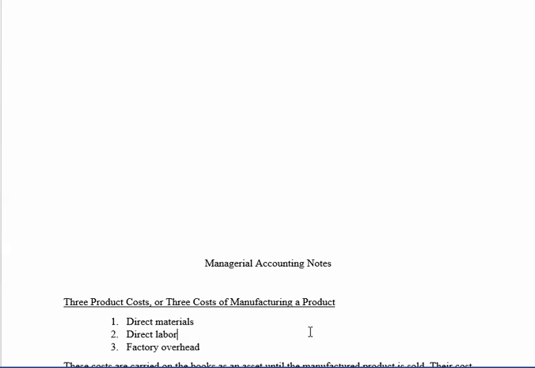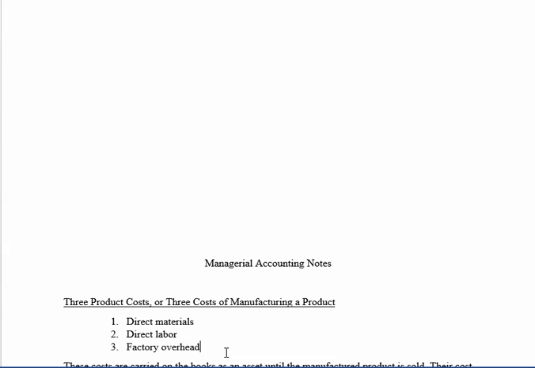Now, this third category is a bit of a catch-all. If it's a part of the cost of producing a product, in our case chocolate chip cookies, but it's not direct materials or direct labor, then it's going to be considered factory overhead. Electricity in the manufacturing facility, supervisor salaries, any indirect materials such as cleaning supplies, or any indirect labor such as inspectors or cleanup staff would be considered factory overhead.